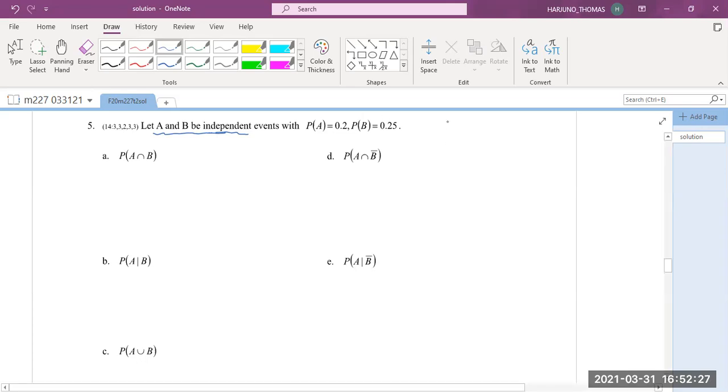Now, keep in mind, if events A and B are independent, and we use that perpendicular notation, then 3 things happen automatically.